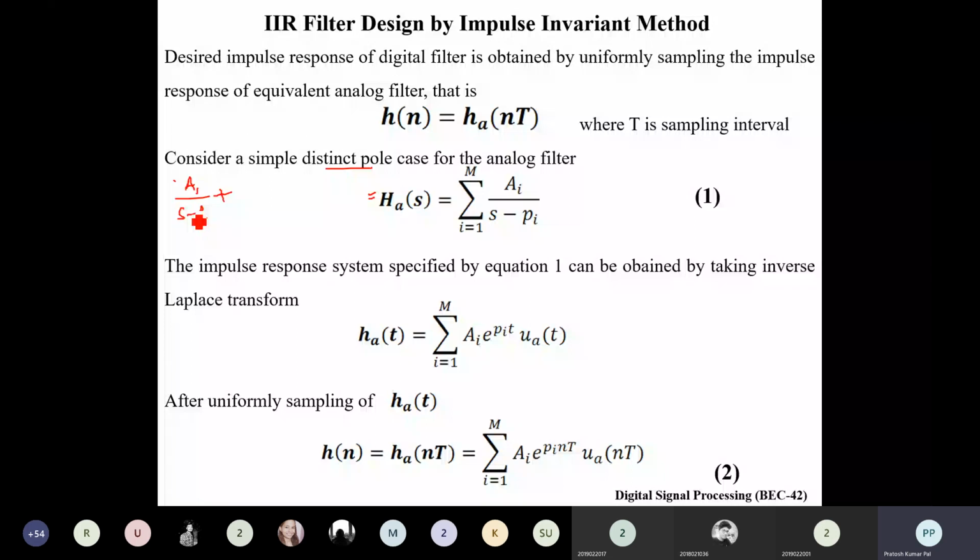Another one can be A2 over (s minus p2), and so on, from 1 to M. This is in the form of pole representation, the generalized analog filter transfer function.